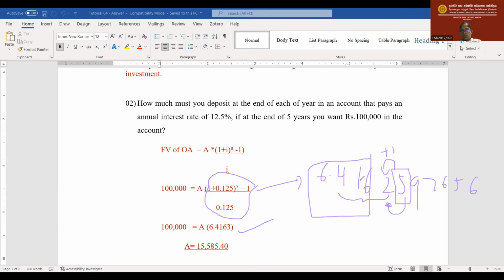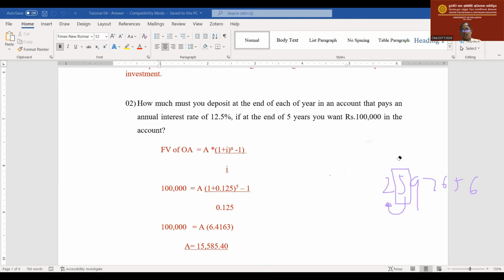But when you are using only 2 decimal places, after 1, you can see 6 is there. So 6 is higher than 5, therefore you add 1 to here. Therefore, 6.42. In this question, we are taking 4 decimal places. It depends on you. Normally, my advice is to take up to 3 or 4 decimal places. Then this is the relevant value.